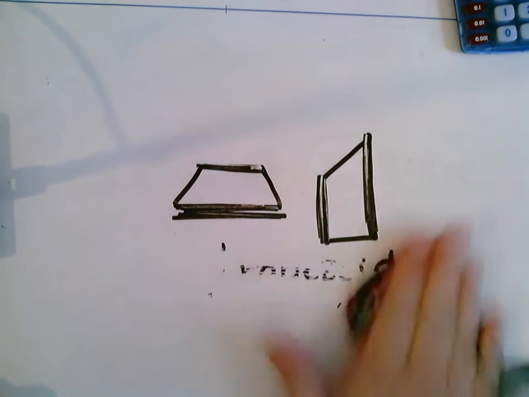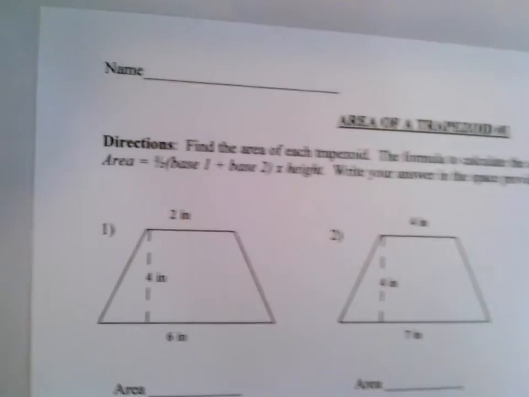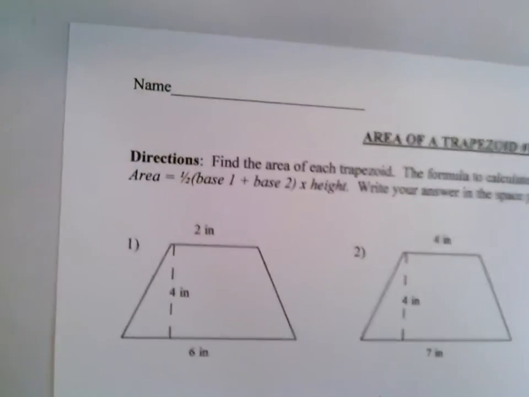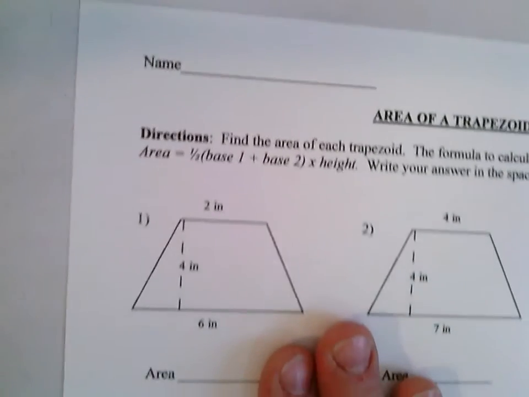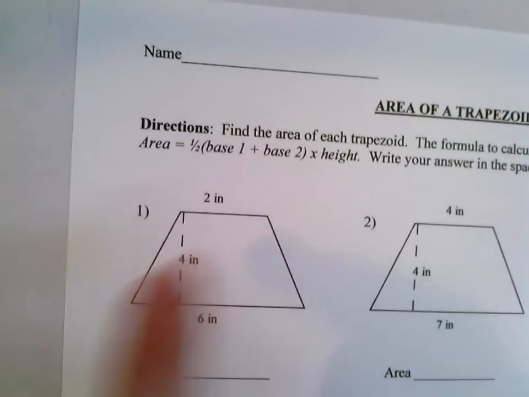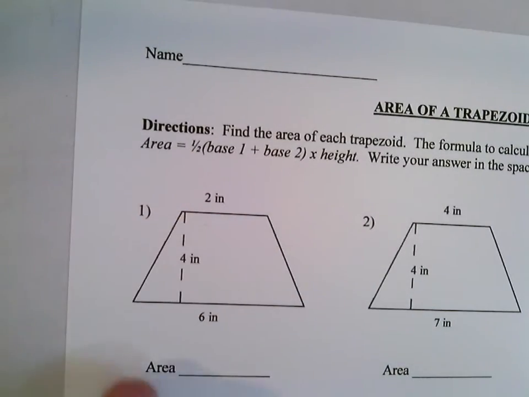Let's take a look at this problem right here. So here's my trapezoid. The top parallel line is 2 inches long. The bottom one is 6 inches long. Each of these is a base.